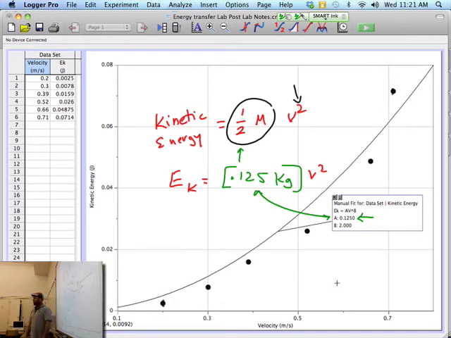Kinetic energy is what? How do we calculate it? I'll try it again. How do you calculate kinetic energy, everyone? If your speed doubles, how much more energy is in your motion? Try it again.